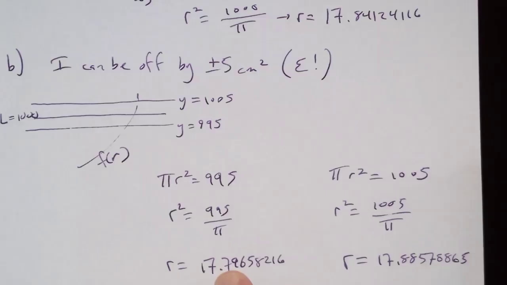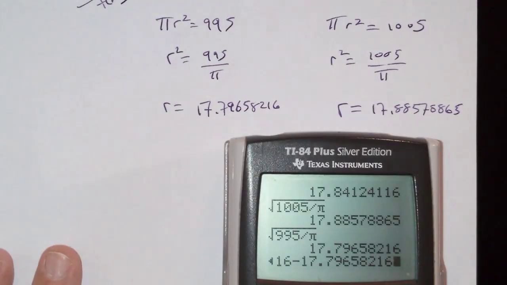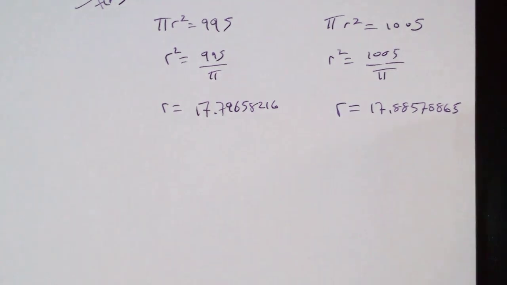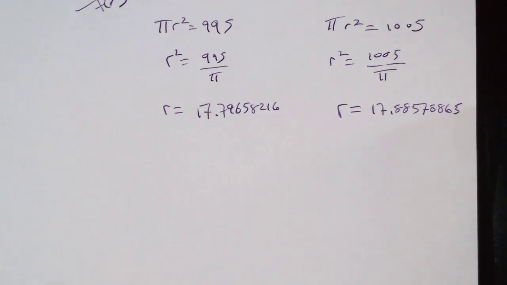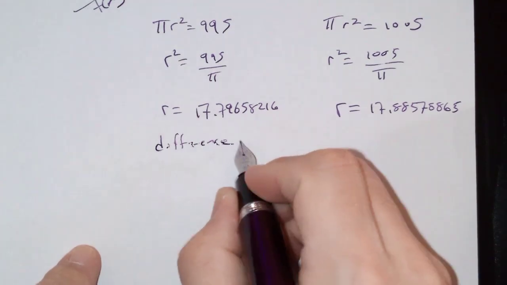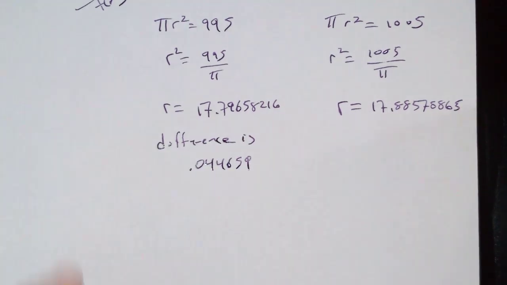I'm about to do it. Smaller one minus the larger one. Okay. Again, I'm going to write down all the decimal places they've given me, 044659. So on this side, oh 044659. What about on the other side?